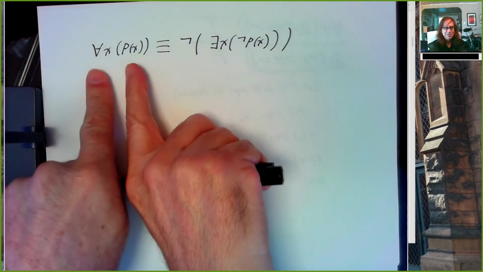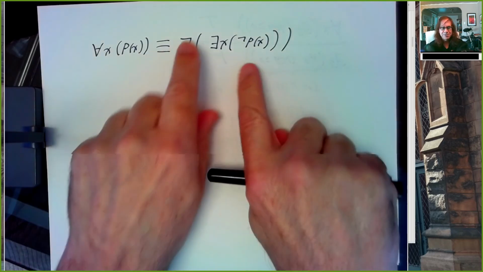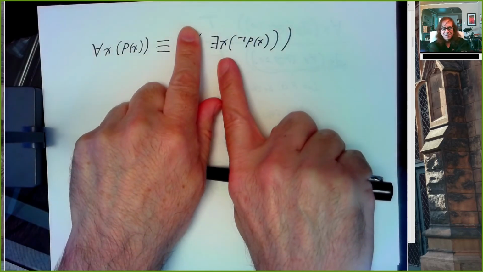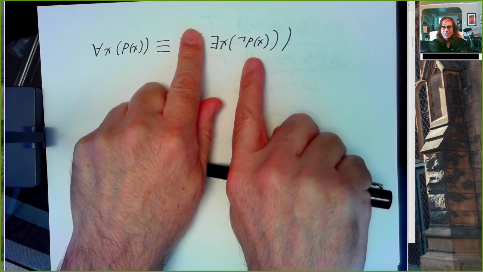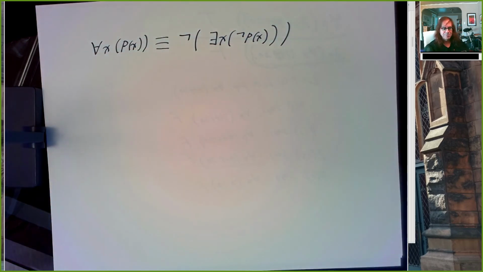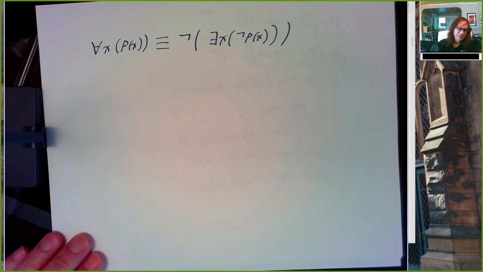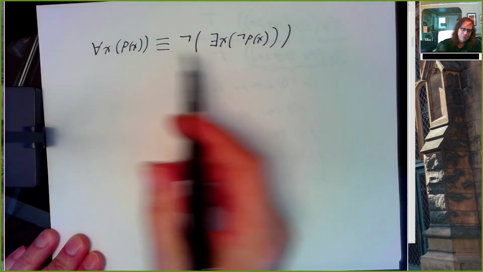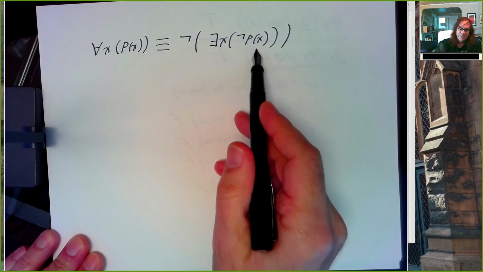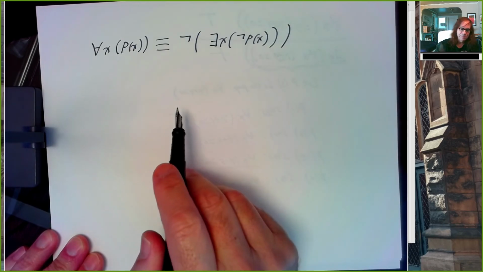So the negation of the universal quantifier is really the existential quantifier applied to the negation of your proposition. And that can be a fun one to think about in terms of getting comfortable with these quantifiers. So for all x this is true, there is at least one x for which this is false.